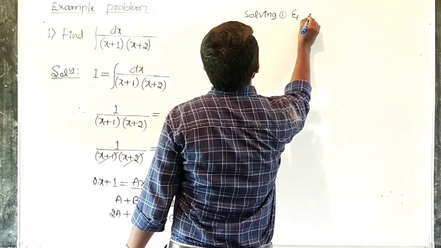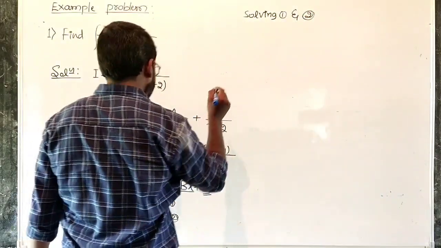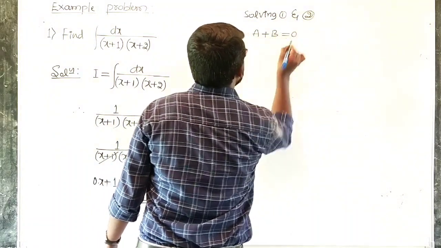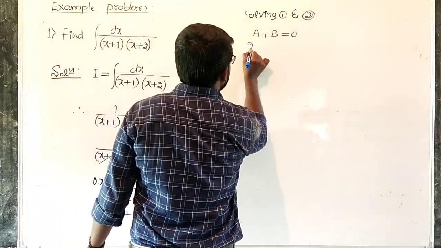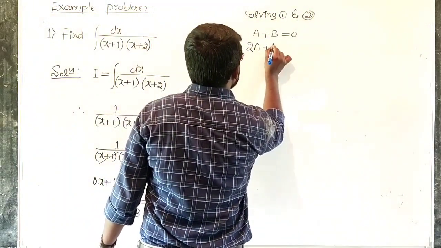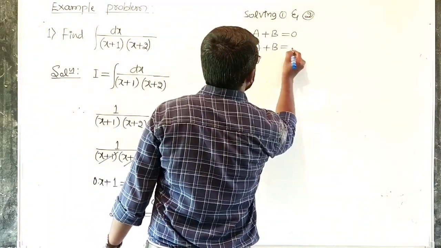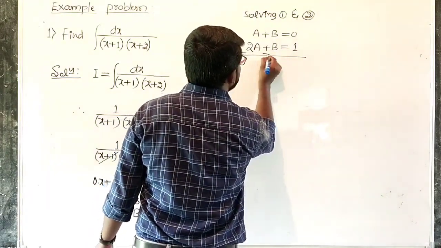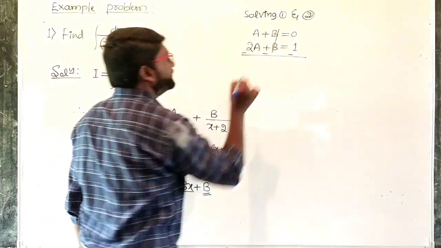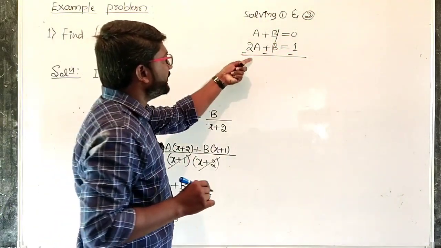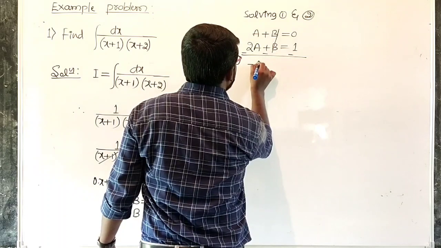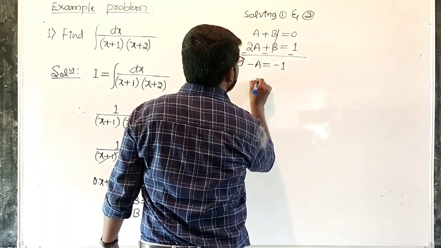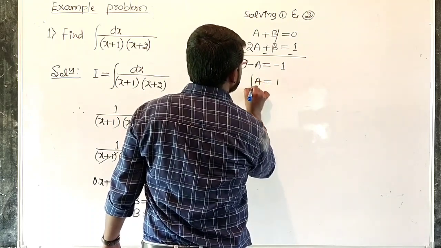Solving 1 and 2: a plus b is equal to 0 and 2a plus b is equal to 1. Now I go for the sign change. Minus, minus, minus. Plus b minus b gets cancelled. A minus 2a is minus a. 0 minus 1 is minus 1. This implies a is equal to 1.